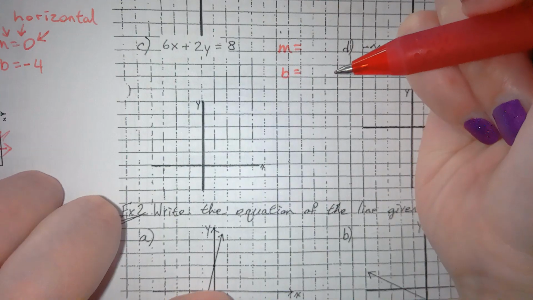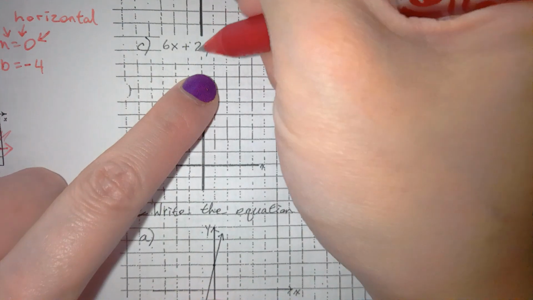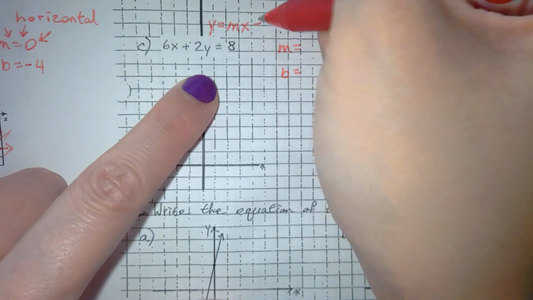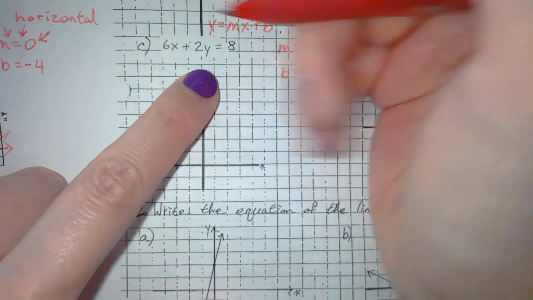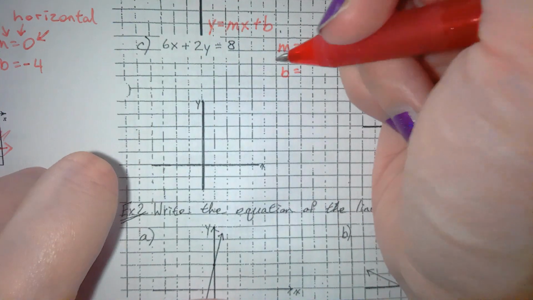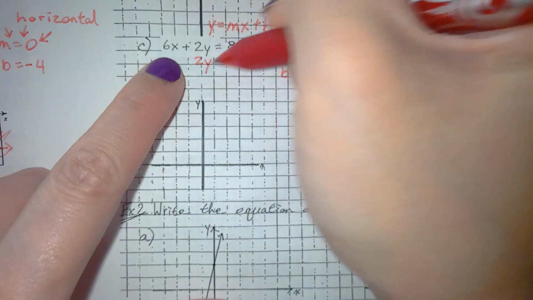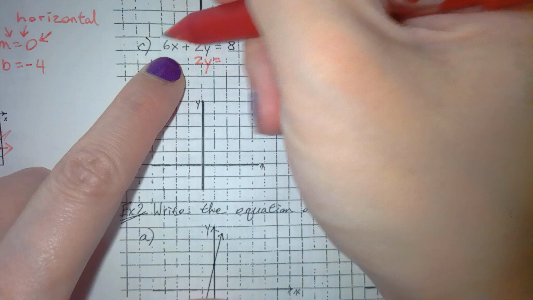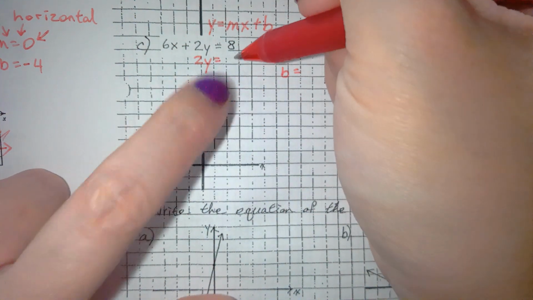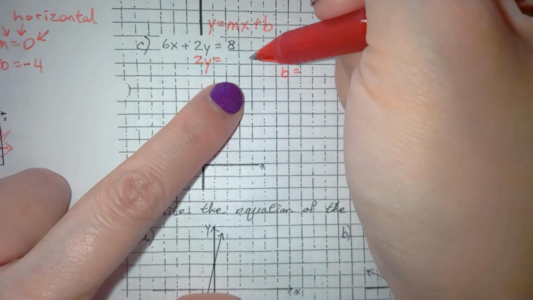If it's not in that form, what do we have to do? Rearrange it. So remember, I want y equal mx plus b. That means I only want y on the left side. Everything else, I'm going to move over to the right. So 2y equals, when I move the 6x over, negative 6x. Now, what Max said was 8 minus 6x.